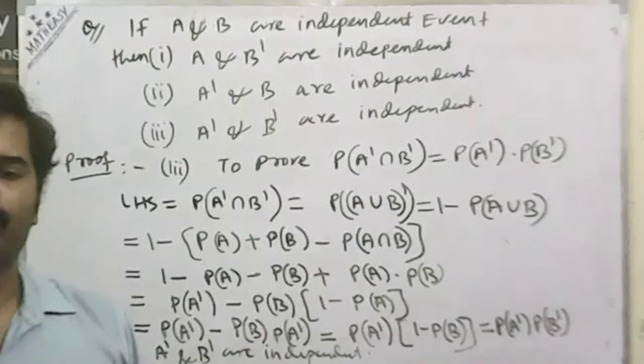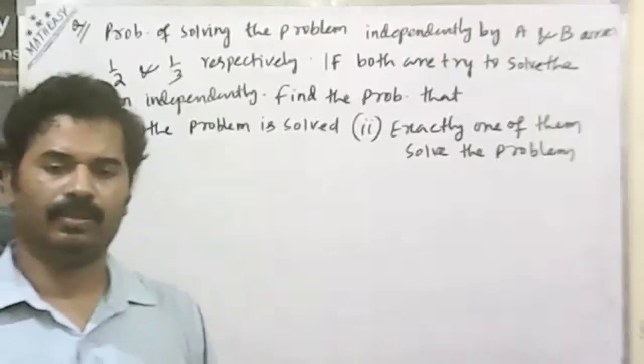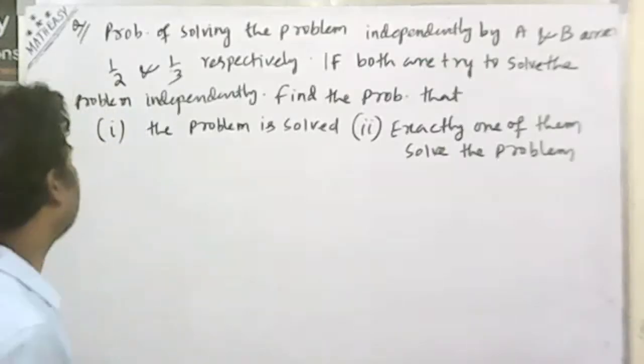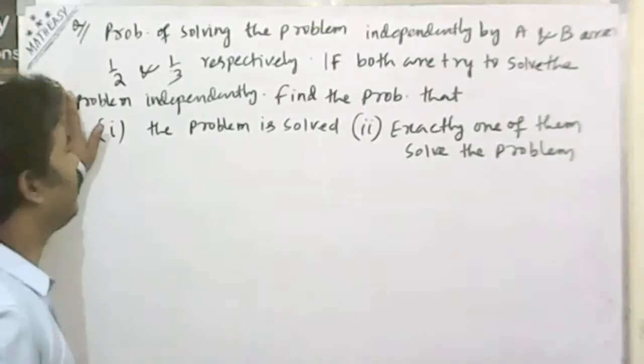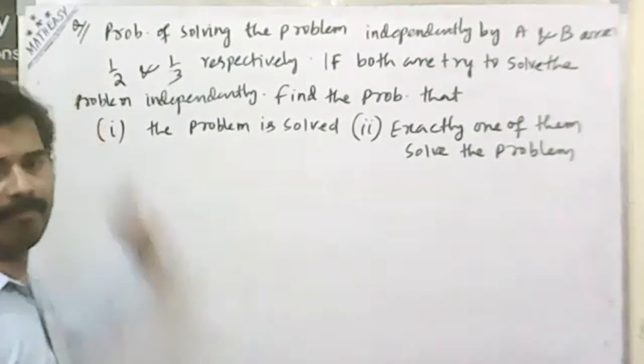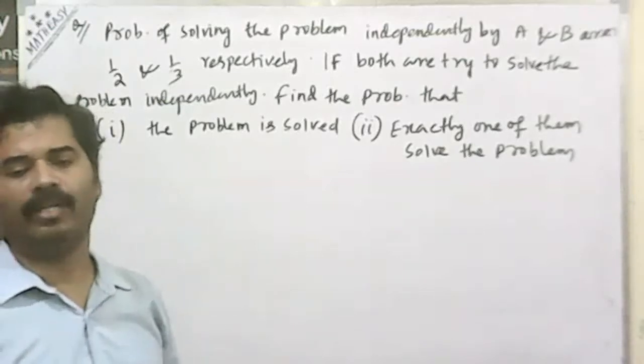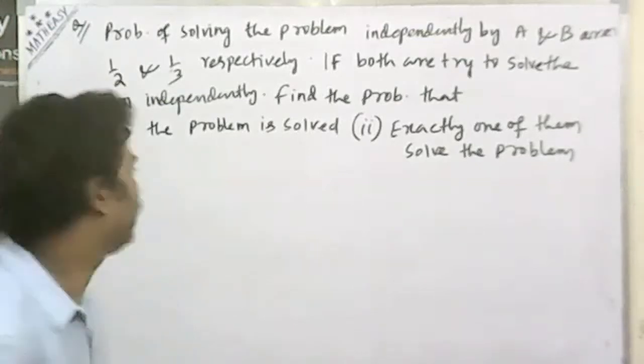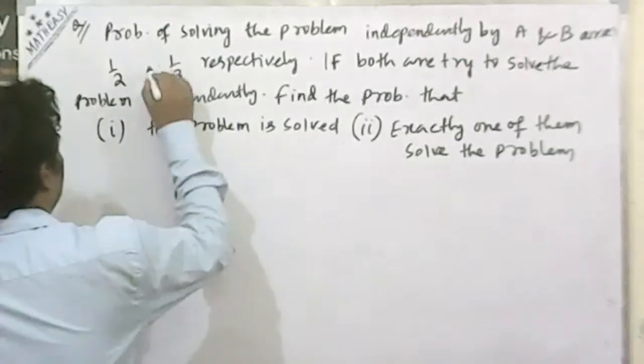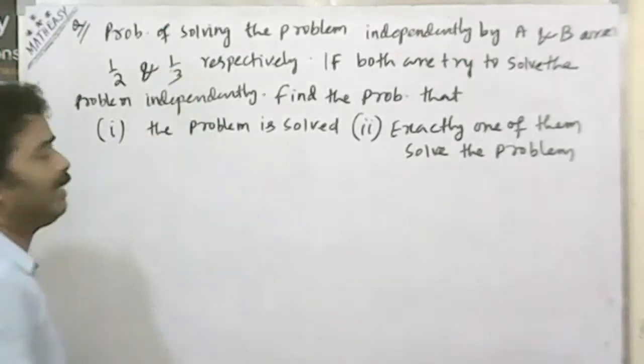Now comes one question. One such question is here also. The probabilities of solving the problem independently by A and B are 1/2 and 1/3 respectively.